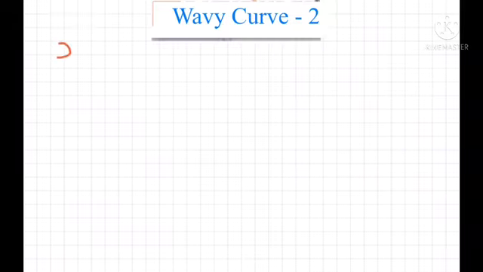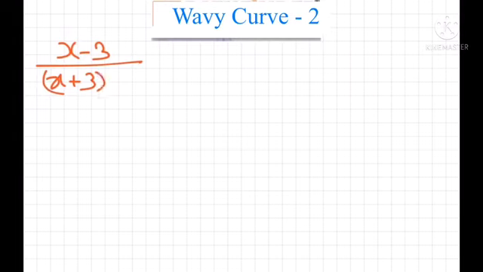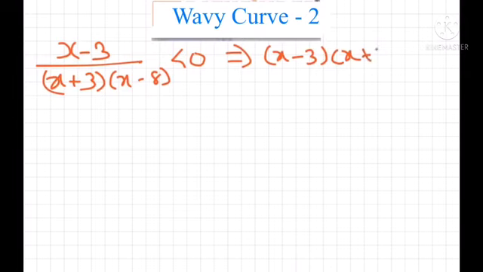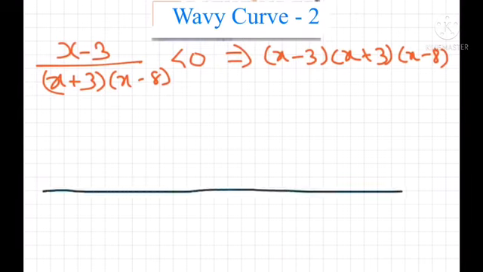Find x such that (x minus 3) by (x plus 3)(x minus 8) is less than 0. So the sign scheme of this and the sign scheme of (x minus 3)(x plus 3)(x minus 8) is exactly the same. So plot the x-axis and locate the points. These are minus 3, 3, 8.